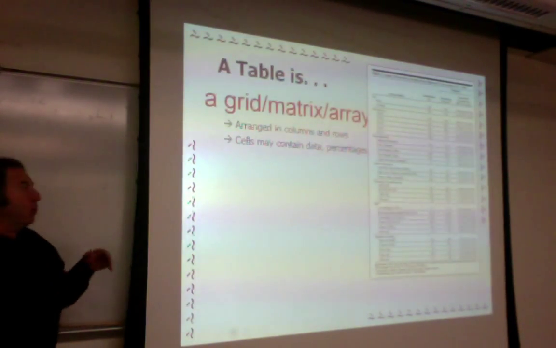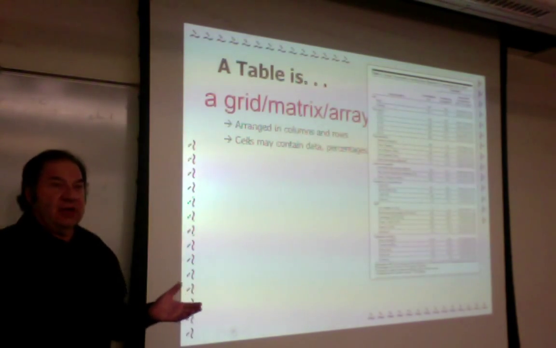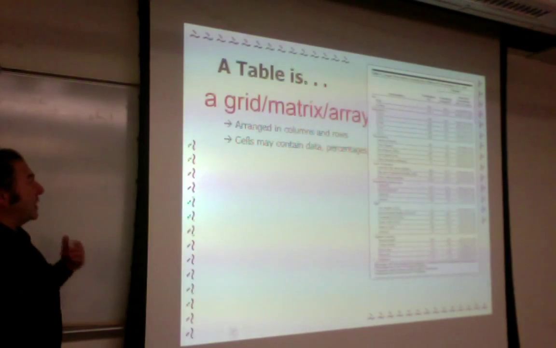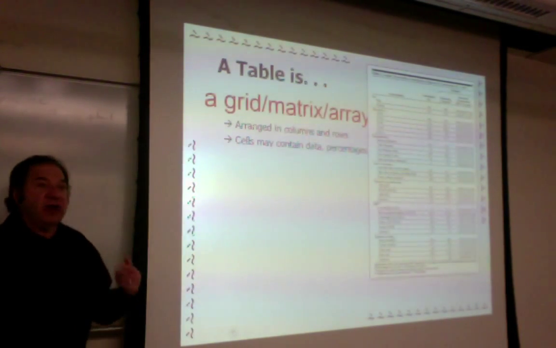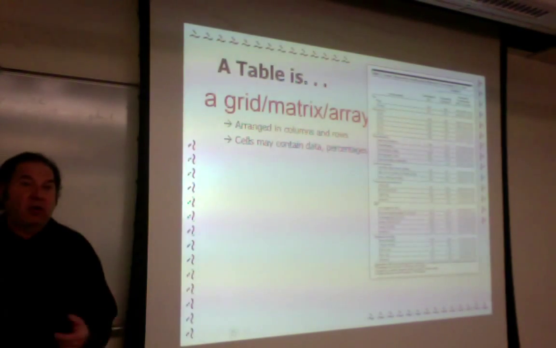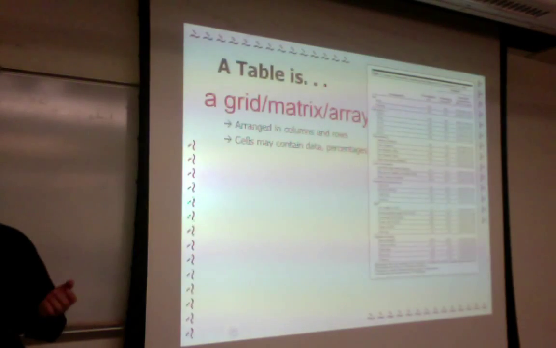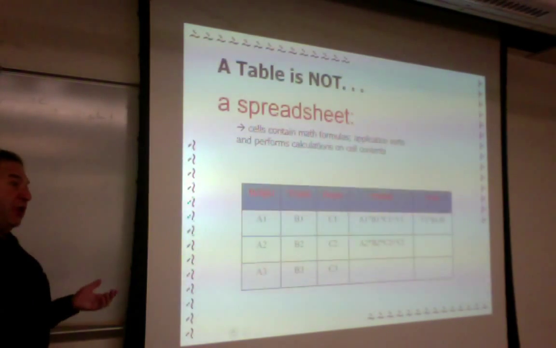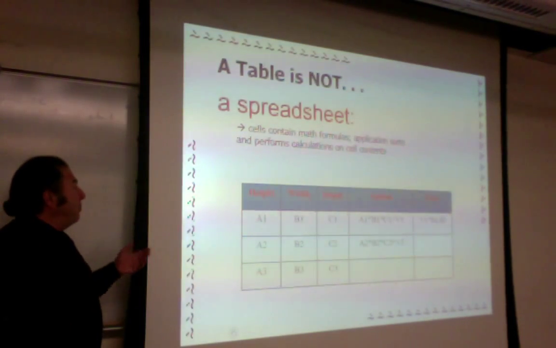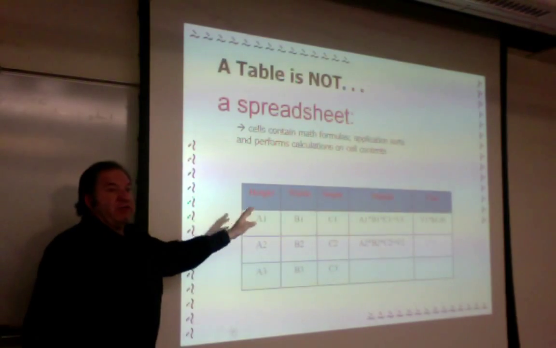So what a table is essentially, it's a grid, it's an array, it's a matrix. All right? It's got columns, it has rows, and the cells can contain either numbers or words or percentages or just about anything. And that makes it quite different from a spreadsheet. A spreadsheet, which you create in Excel, behind each of those cells there are math formulas.